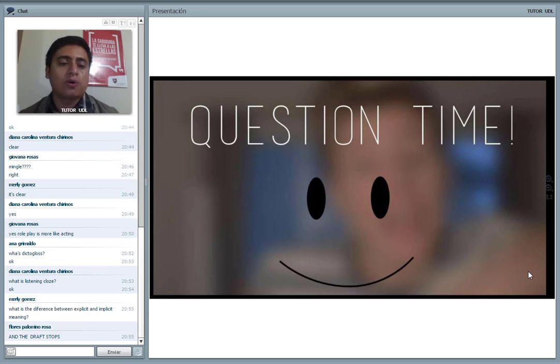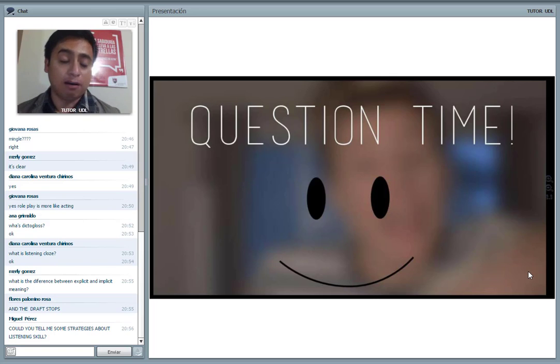You are going to give all the details, so they will understand the meaning of the word. But when we use implicit meaning, it means that by using examples, you want your students to guess the meaning of the words, but not giving the definition.